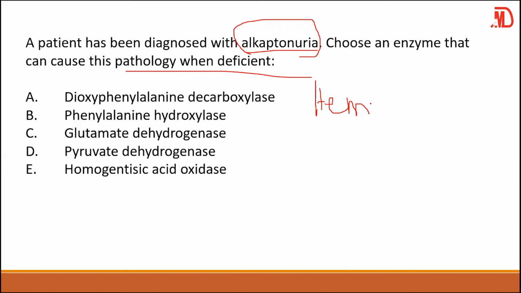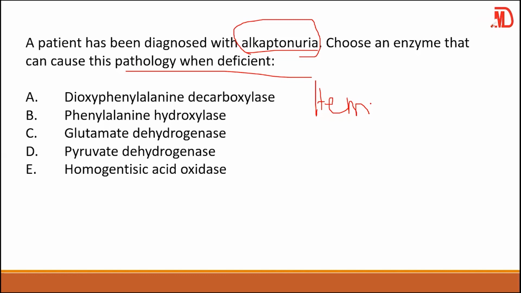But of course, what is responsible, the enzyme that helps to break down this tyrosine and the phenylalanine, is what we term homogentisate, not hemo. Homogentisate. So that is the enzyme that helps us to break down this tyrosine and the phenylalanine. So when this enzyme is deficient, what it means is that the function would be impaired.